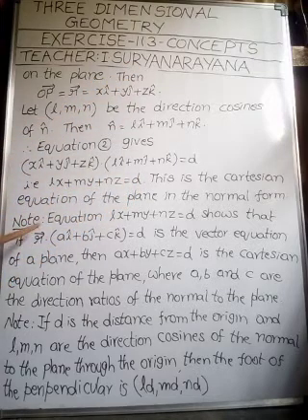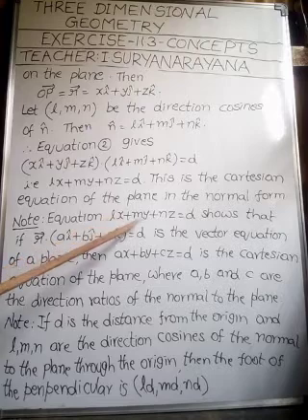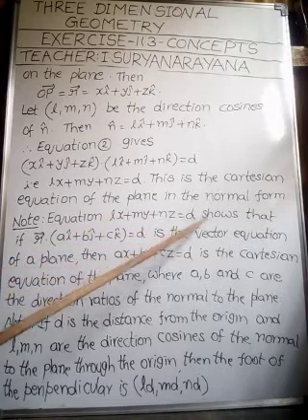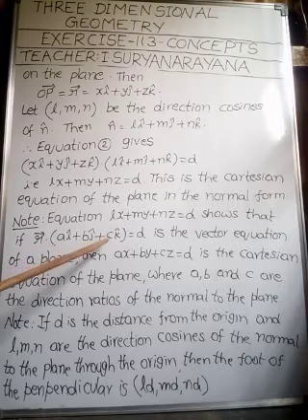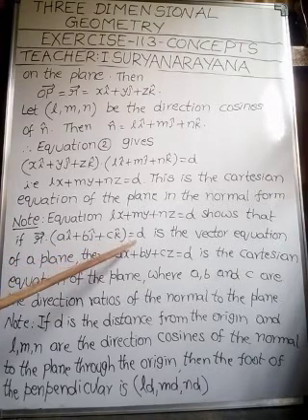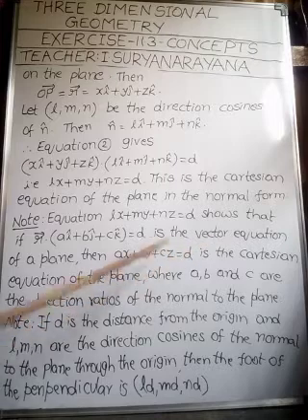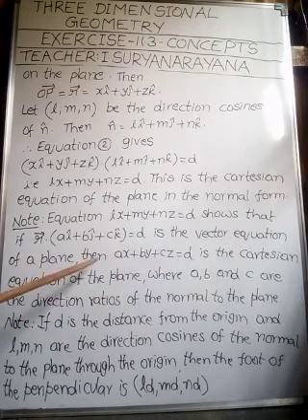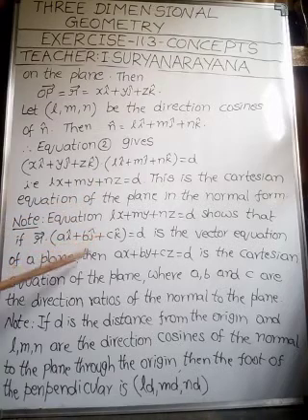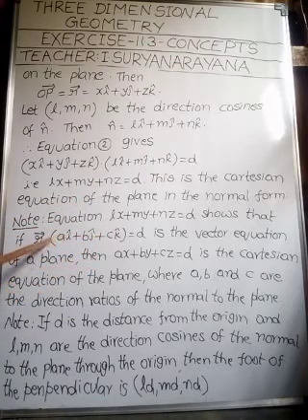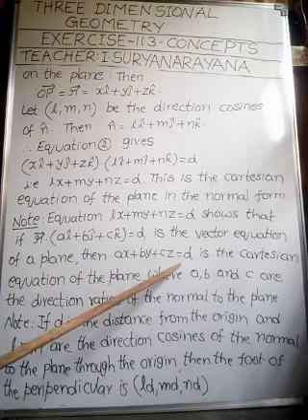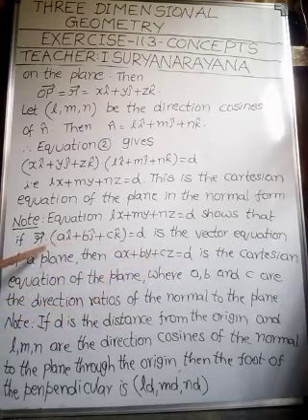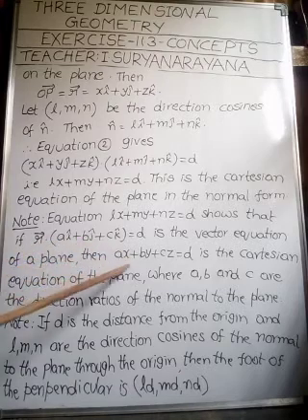Right. Note, the equation lx plus my plus nz is equal to d shows that if r bar dot (a i cap plus b j cap plus c k cap) is equal to d is the vector equation of a plane, then in place of l, m, n, if you take a, b, c, that is the direction ratios, then what will you get? ax plus by plus cz is equal to d. Yes or no, my children? By dot product of these two vectors, we get this equation.